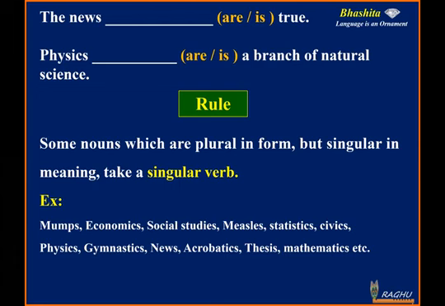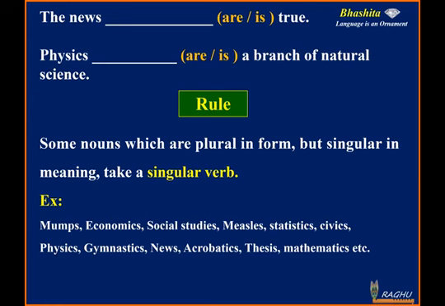So according to this rule, observe the given two sentences on the screen. The news, which is a noun, looks like a plural by adding s to the noun. In the second sentence also, physics looks like a plural, but both the nouns are not plurals, they are singular.